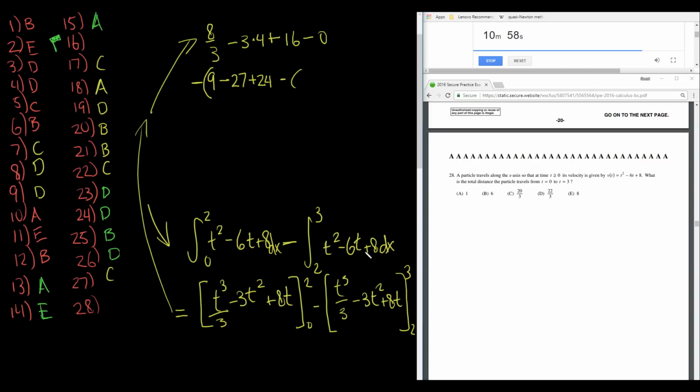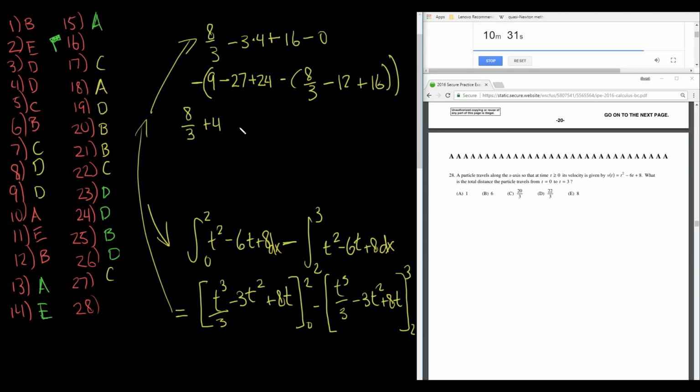So this is going to be 8 divided by 3 minus 3 times 4, plus 16. It's the same as the first term, we're doing it for 2, we're just subtracting it inside this little thing. So that comes out to 8 thirds minus 12 plus 16, which is just plus 4.